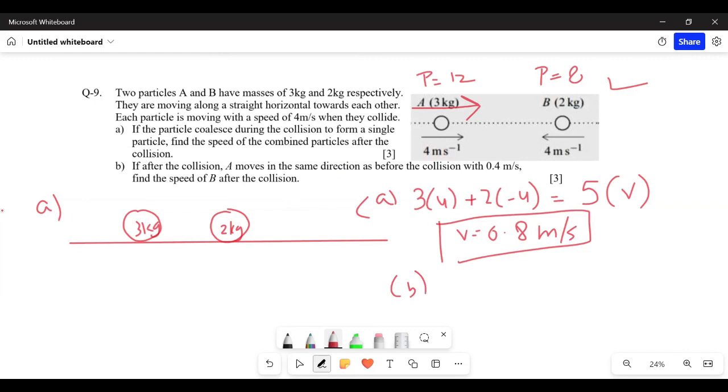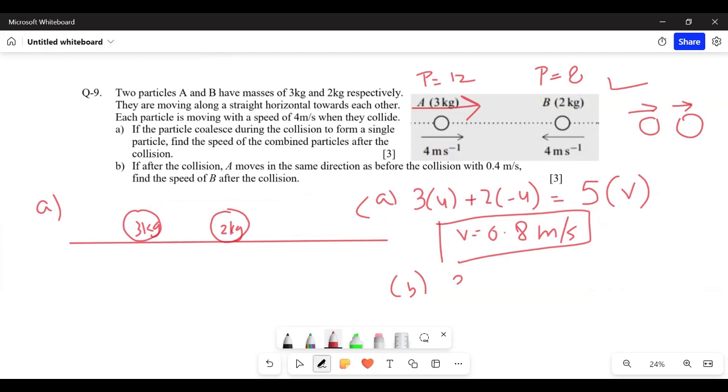If after collision, A moves in the same direction as before collision with 0.4 meters per second speed, find the speed of B after collision. Okay, so if after collision one is moving right, then obviously the other one is also moving right. So they move in the same direction after collision.